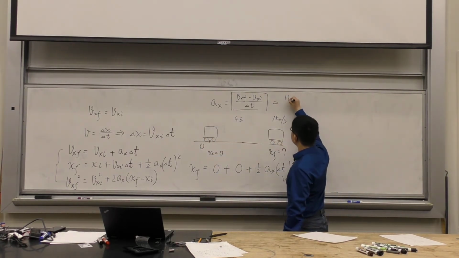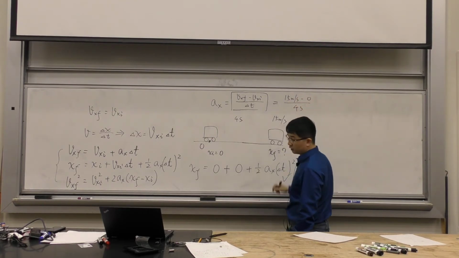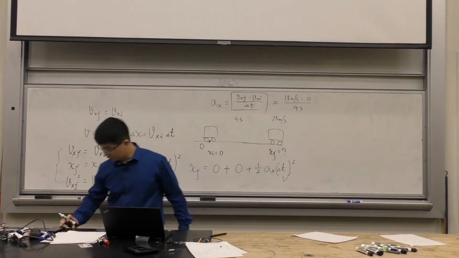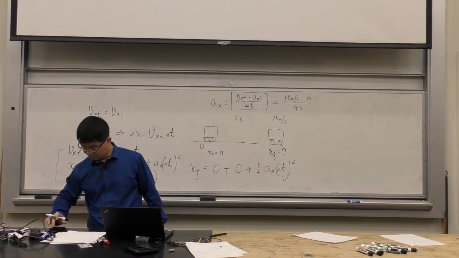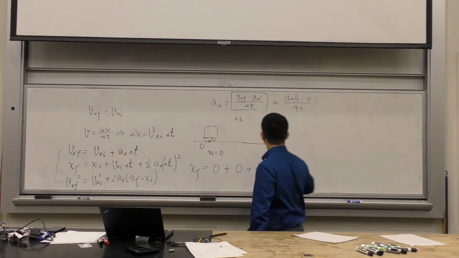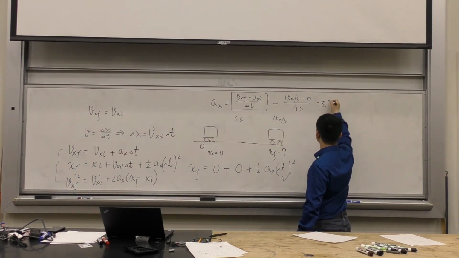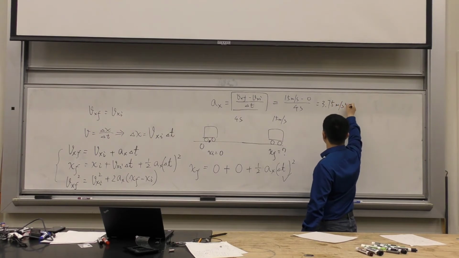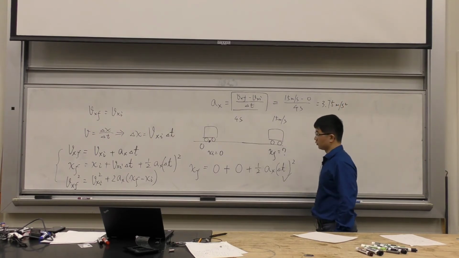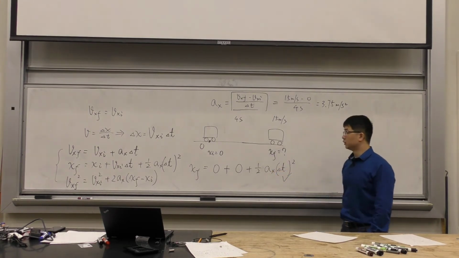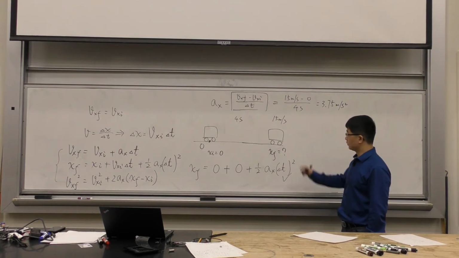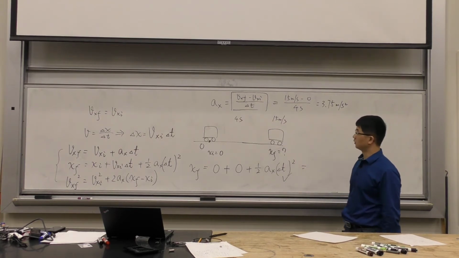Now plug numbers in. 15 meters per second minus 0 divided by 4 seconds, okay? So what is the number? So the number I just got was 3.75 meters per second squared. Okay, once I have that, plug the number into the second equation so I can find the distance traveled, the final position of this car.